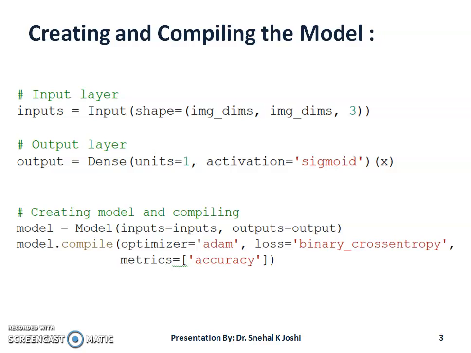It is important to note that we may use any loss function as a metric. Metrics are categorized as accuracy metrics, probabilistic metrics, regression metrics, classification metrics, image segmentation metrics, and hinge metrics. We are using the accuracy metric in this particular example.